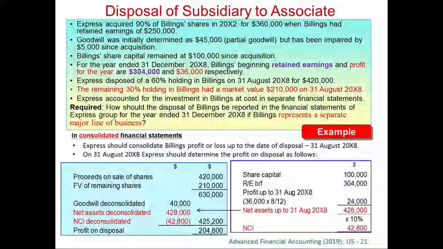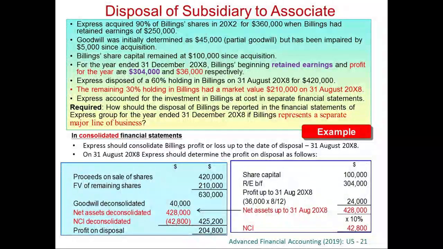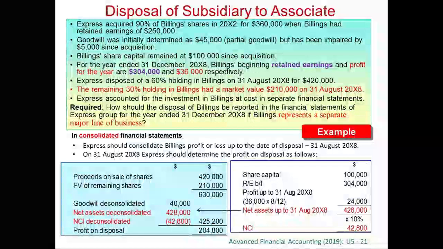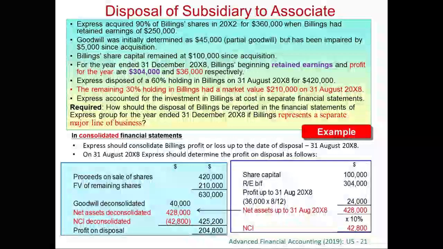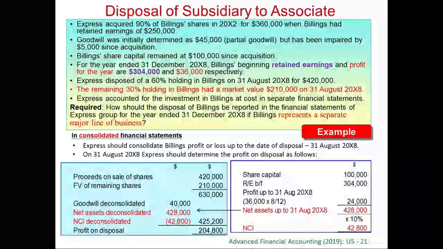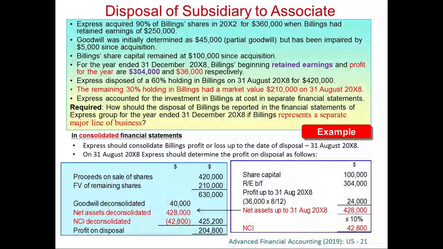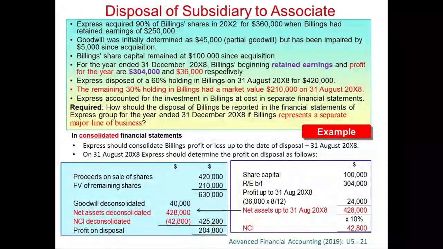Everything includes 3 components: book value of net assets, fair value adjustments, and the goodwill. Only here, because we are using the partial goodwill method, there's no goodwill for NCI. Otherwise, you should have 119 goodwill to NCI, which should be deducted because everything related to the NCI is also eliminated.